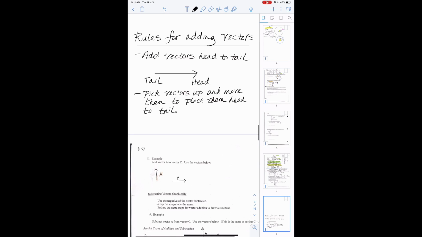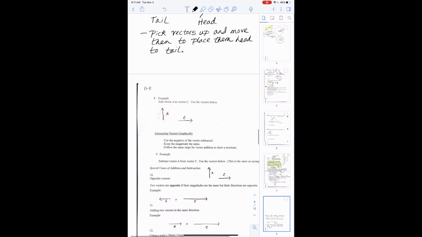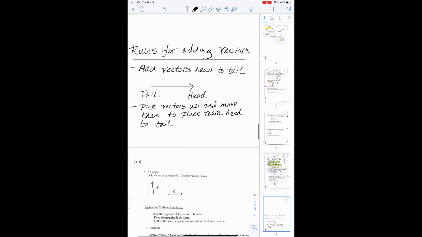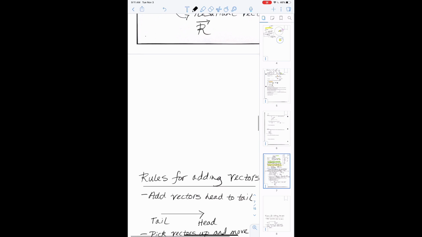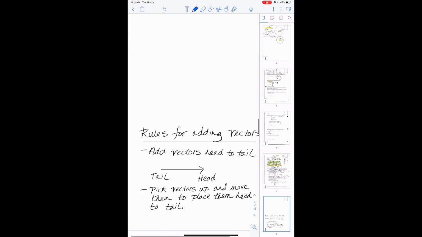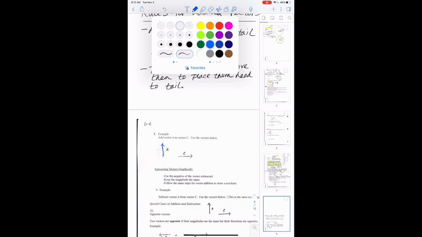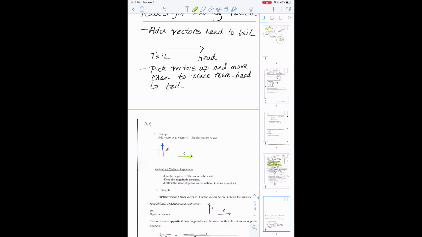All right. What else did I want to say here? All right. So I think maybe doing the example will make the most sense. So if we have vectors A and C, I'll come up here and redraw them. We'll have vector A be blue, and we'll have vector C be bright green.